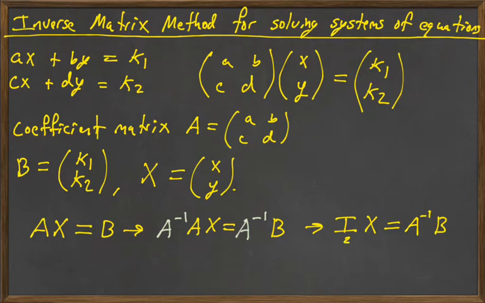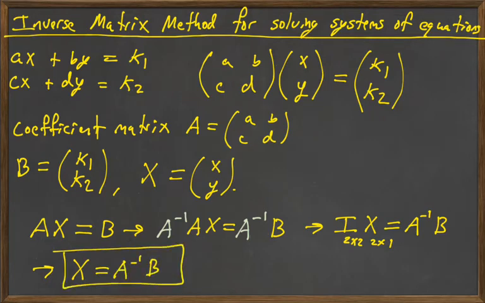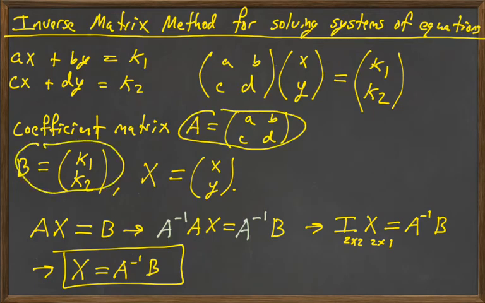When we did do the matrix multiplication in the past, we did do something like the identity for 2 by 2s times a 2 by 1 matrix. And what happened was we got the 2 by 1 matrix back, so there'll be X is equal to A inverse B. And so when we're solving by the inverse matrix method, what we're going to do is we're going to figure out our coefficient matrix, figure out our matrix B, and then we're going to find A inverse.